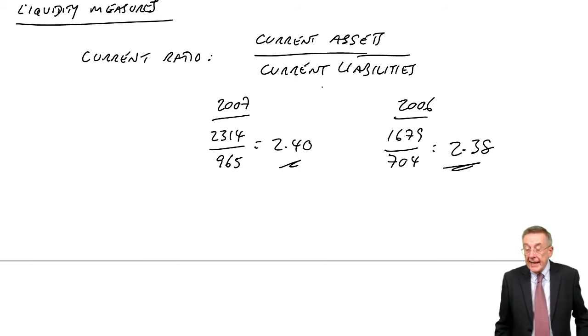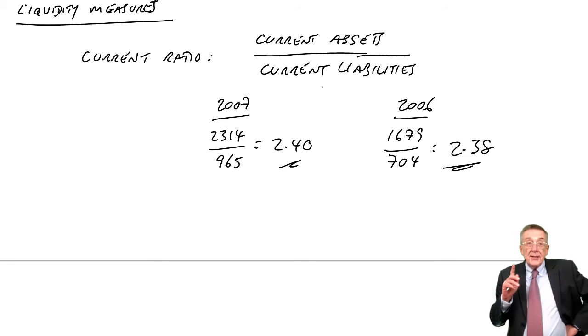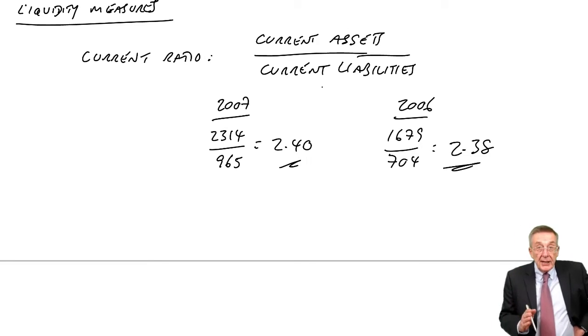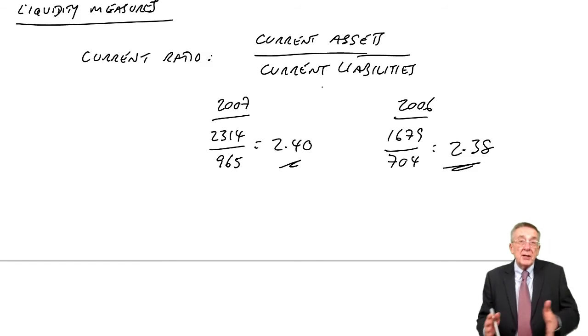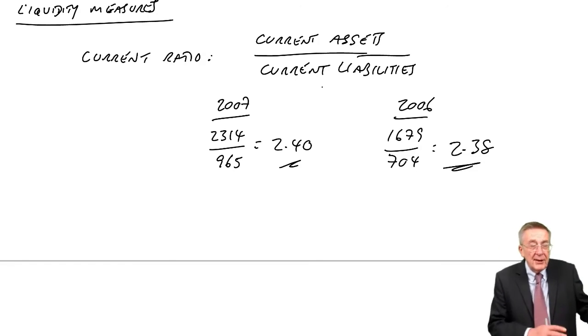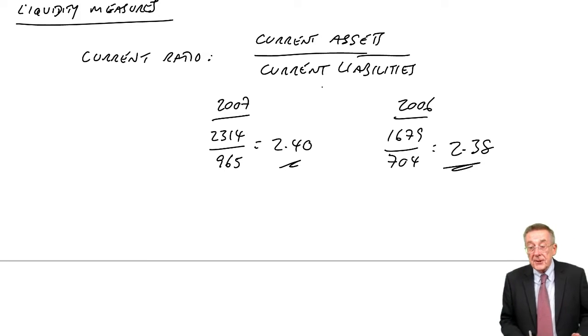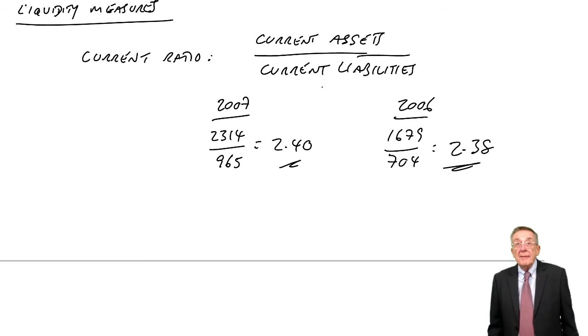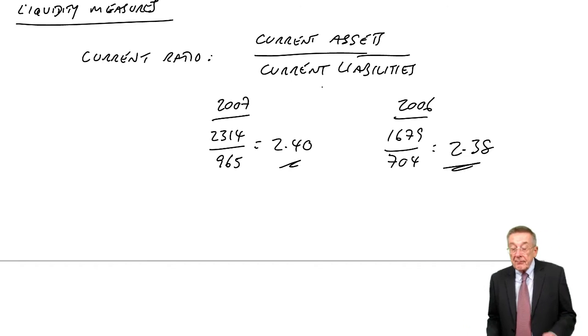So here it's hardly changed. However, this is one of the few ratios which means something on its own. Normally it's a question of comparing. Are we better than last year or worse? Or are we better than other companies or worse? This one, from year to year, it's hardly changed, obviously.